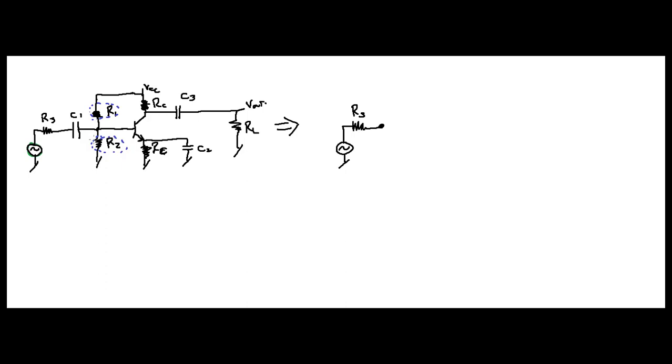So they're both going to ground, right? So these two are basically in parallel with one another. So we can simplify this, and this right here is going to equal R1 in parallel with R2. All right?